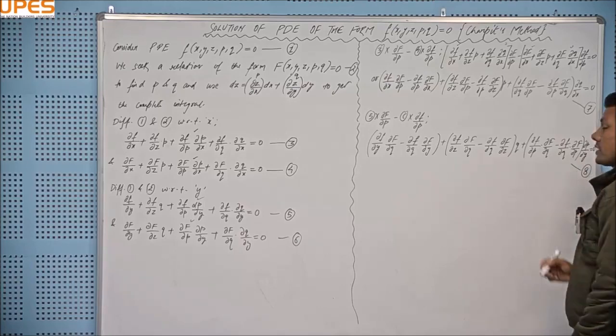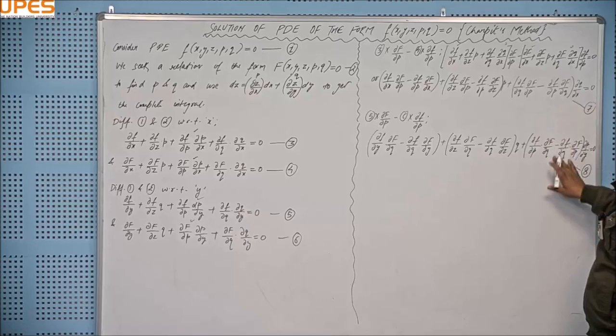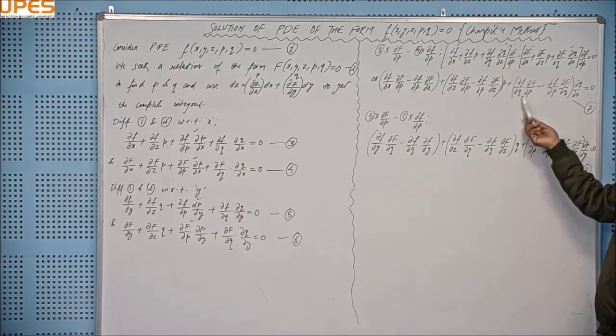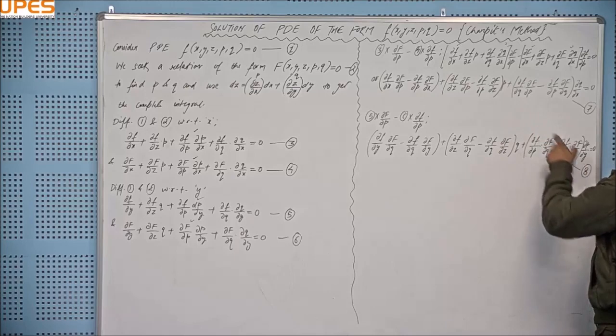Then, if you subtract the 8th from the 7th, I think this whole term, ∂f/∂q, ∂f/∂p, is the same as present here but with the reverse sign. These two terms are the same, and this term is similar to this term.